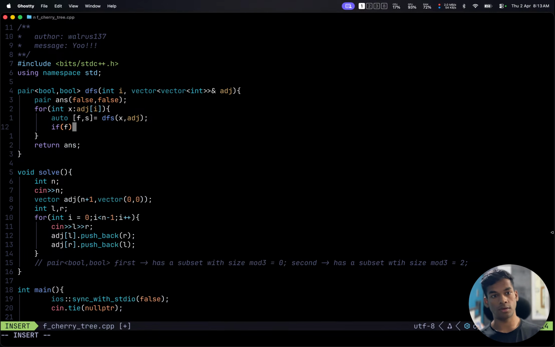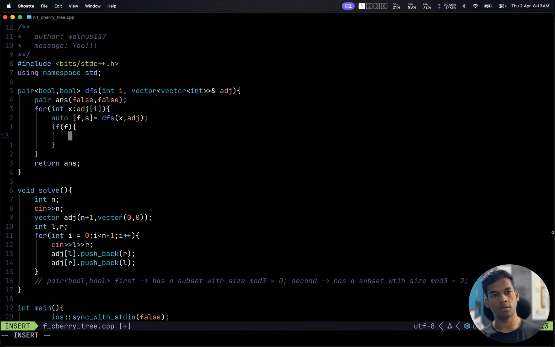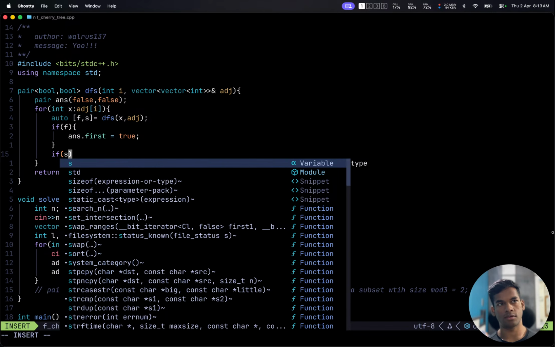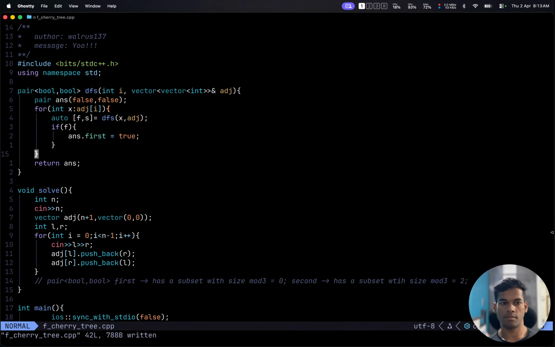If f, then answer dot first equals to if s. But also a combination. Yes.